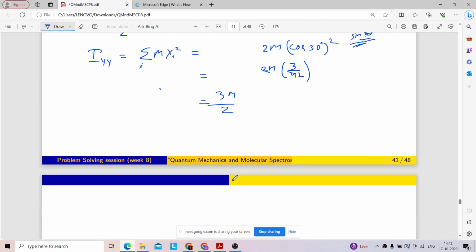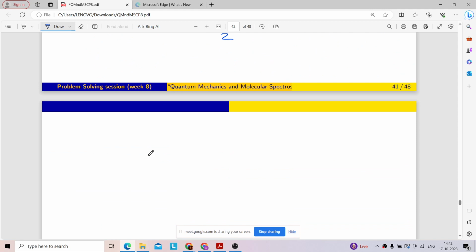Now quickly do the z-axis. If it is the z-axis, all the masses are in a plane.